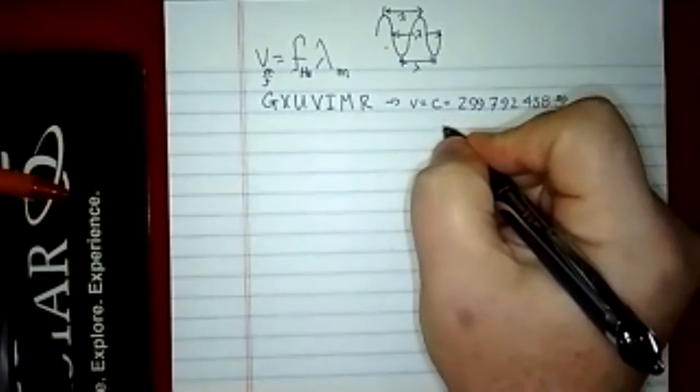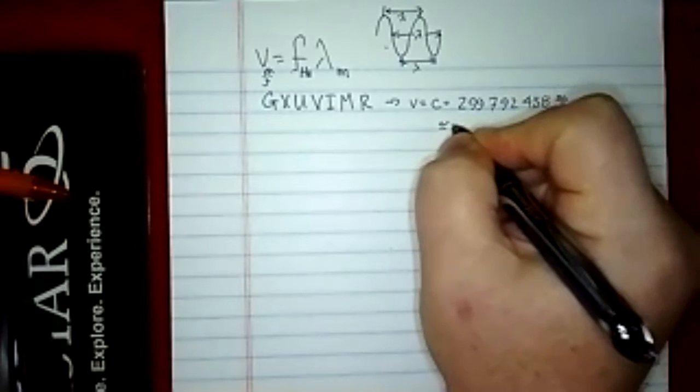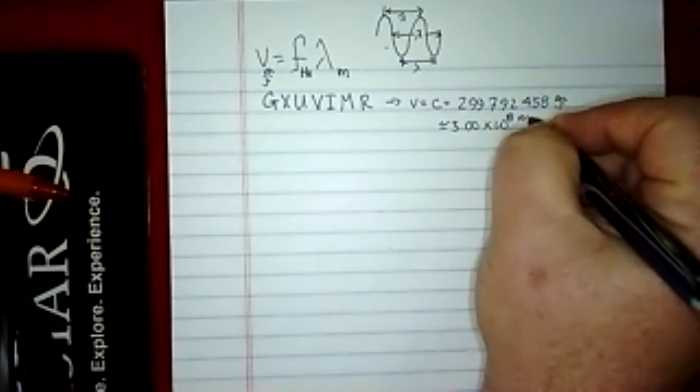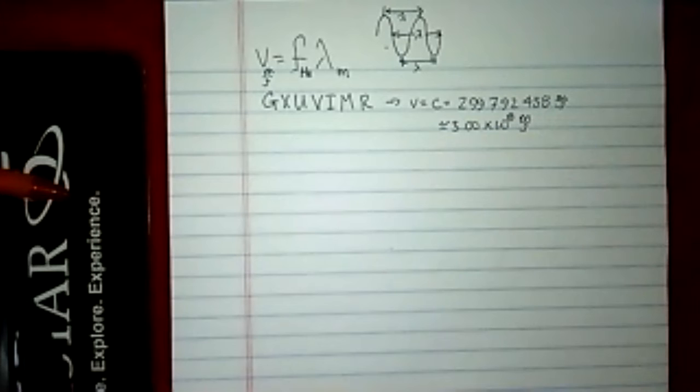We can estimate this to be approximately 3.00 times 10 to the eighth meters per second. So that's the velocity equation, or the wave equation.